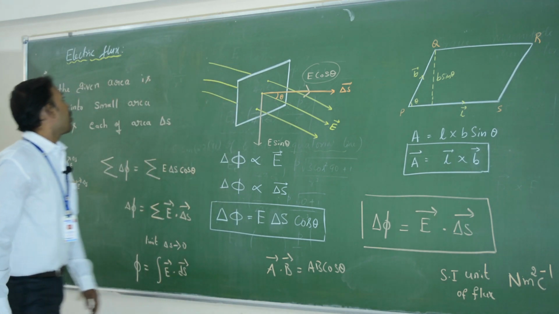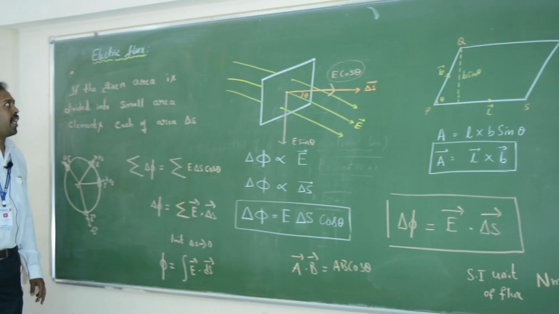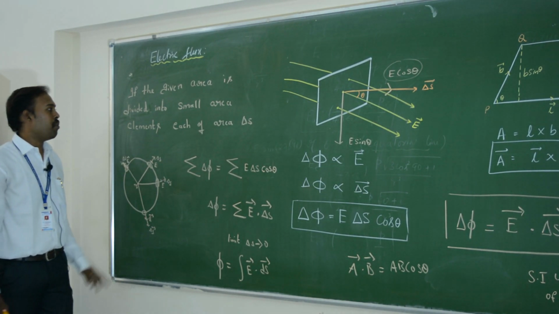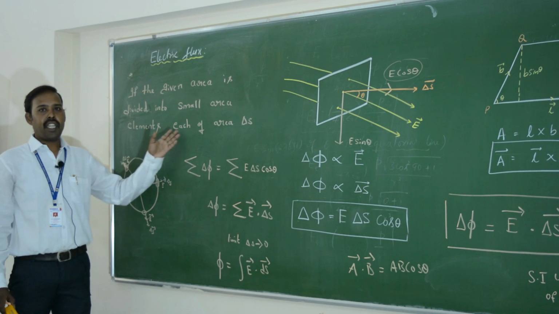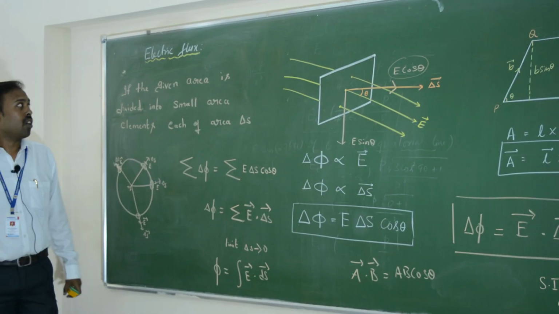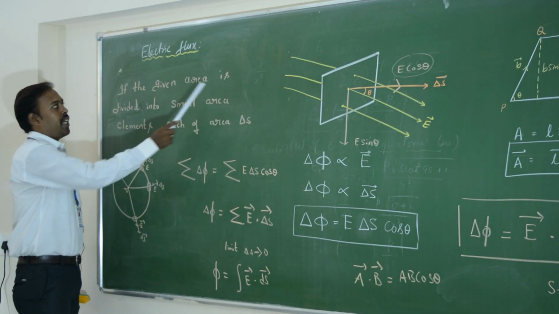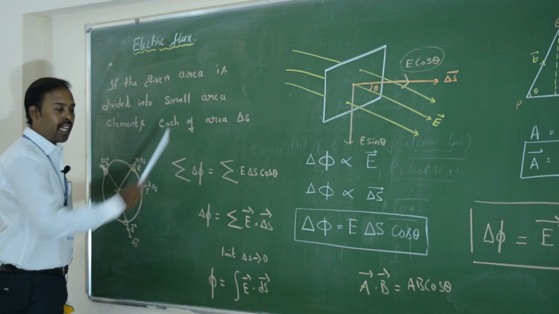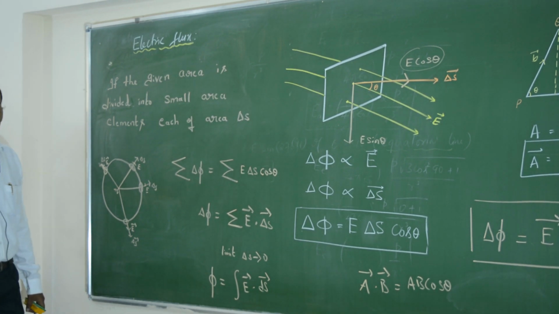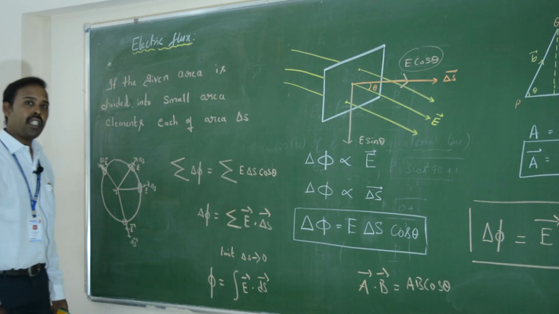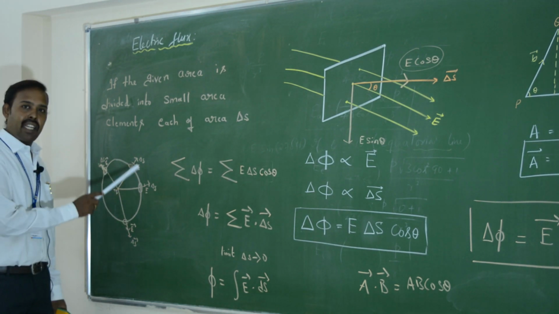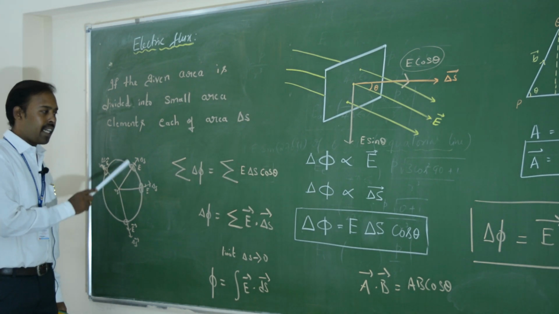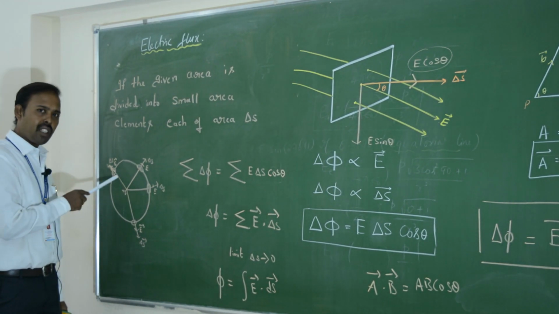So now let's move on to another thing. For example, if the given area is divided into small area elements, each of area delta S, how do we calculate the flux? This area is being divided into small elements, each of area delta S. You can see here, right?